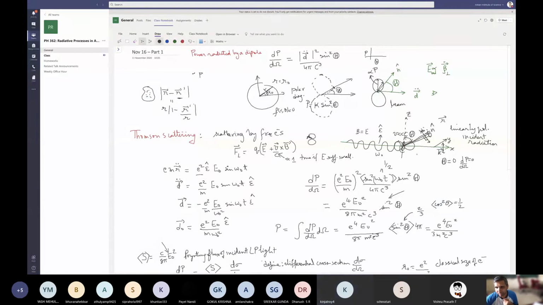But this 8 is also rotationally symmetric, about the z cap. This is the direction of acceleration. What I drew is correct. You will see maximum light here, and you will see nothing from that direction, and that's easy to see because the acceleration is along the line of sight.